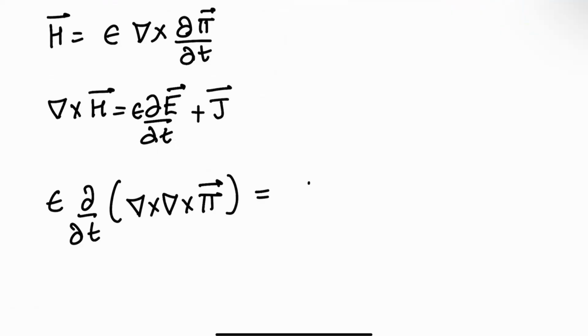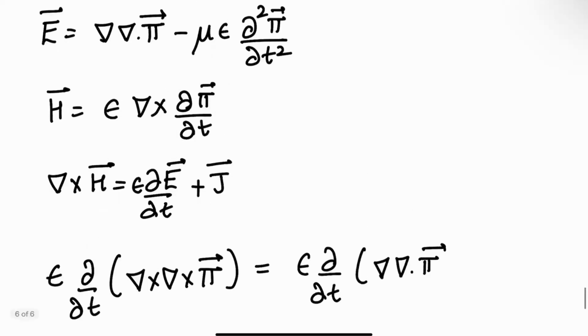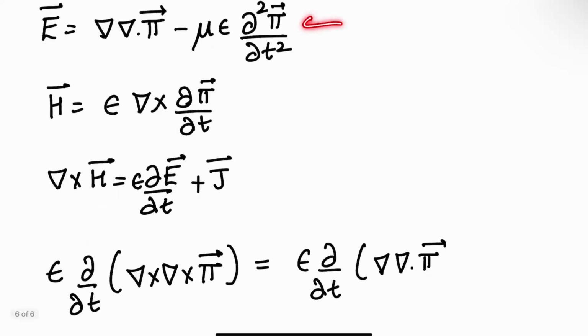And the right hand side becomes epsilon d/dt of E, which is gradient of divergence of pi, from what we have up here. So I just substituted these two things, minus mu epsilon d squared pi over dt squared, plus J.